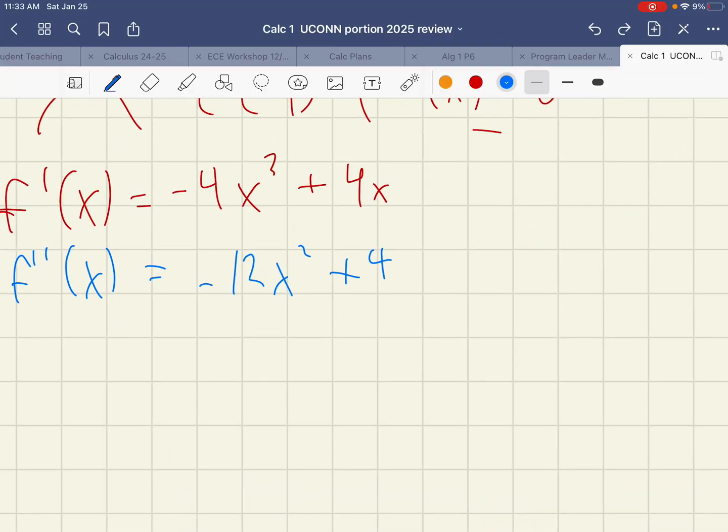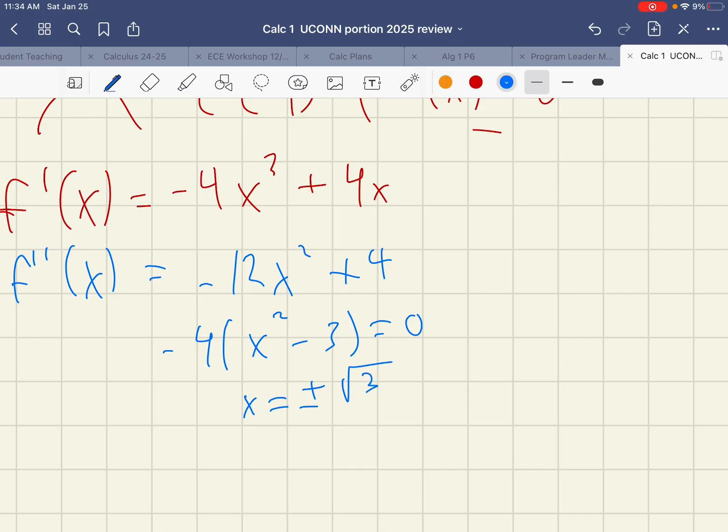All right, again, I'm going to factor out a -4 here. So I get x squared minus 3. And when I set this equal to 0, I'm going to get x equals plus or minus the square root of 3. I could add 3 and then take the square root.